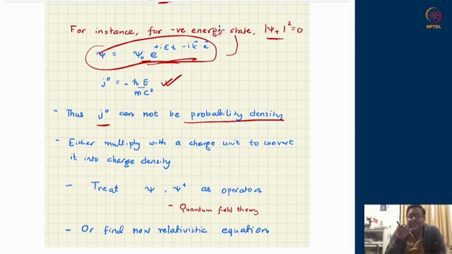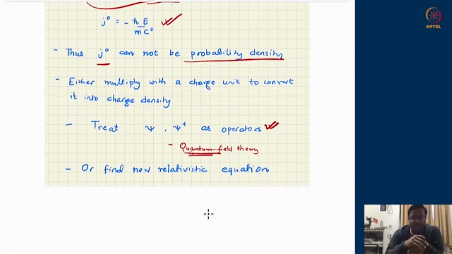That suggests that psi should not be a known solution, better that they should be operators. And that will give me an operator at all x, n times. Psi is a function of x, n times. That will take us to the quantum field theoretic domain, which we will do in the coming weeks.